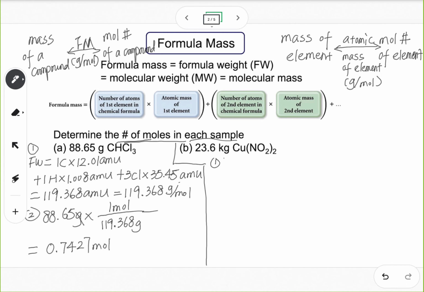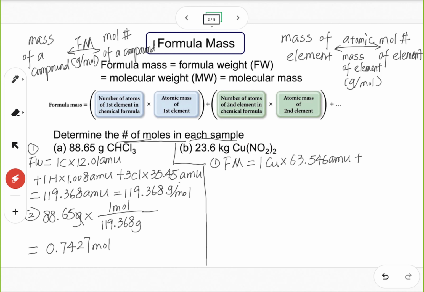Step 1, formula weight or formula mass equals the first element, 1 copper times the atomic mass of copper, 63.546 AMU, plus, now it's nitrogen. As you notice, NO2 is a polyatomic ion, if you happen to remember.